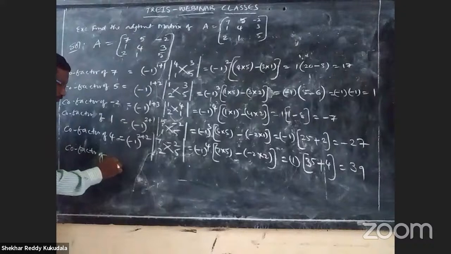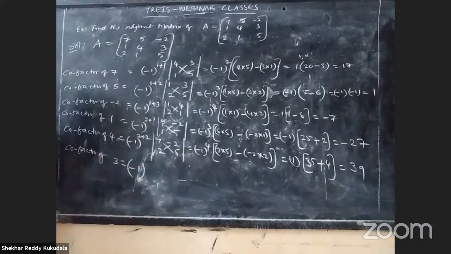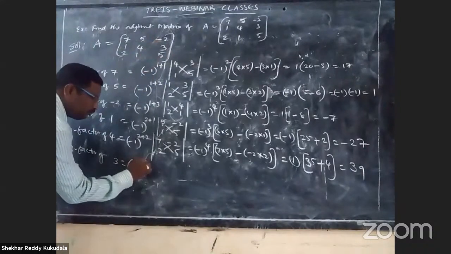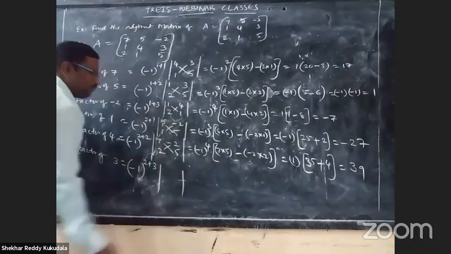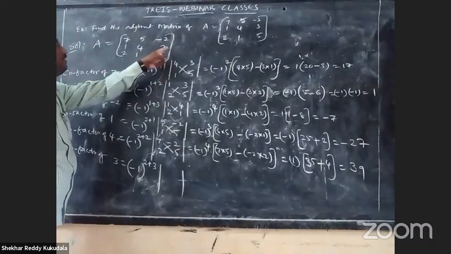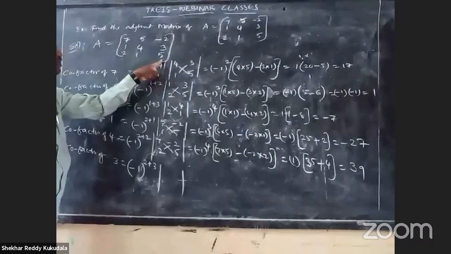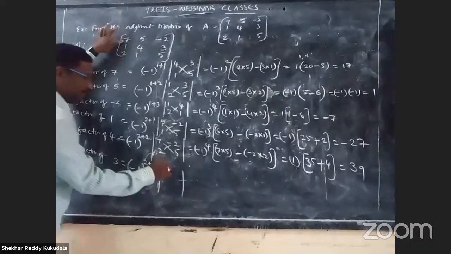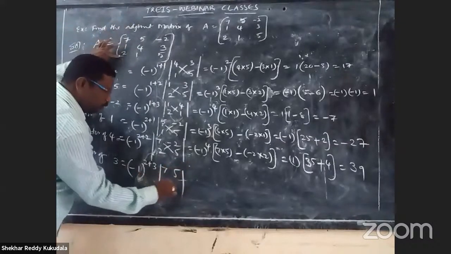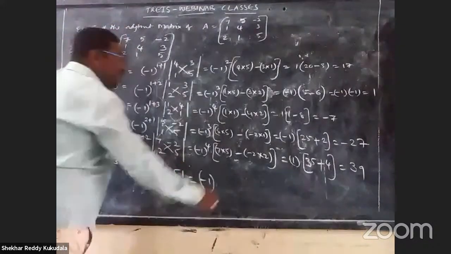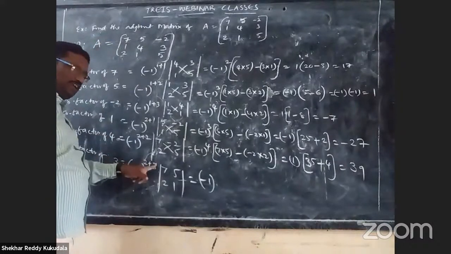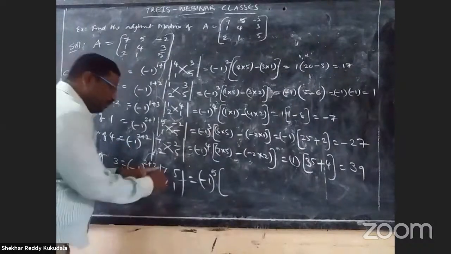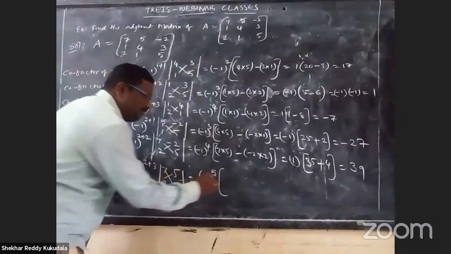Next, cofactor of 3 is equal to minus 1 power... 3 is in the second row, third column. So 2 plus 3, into the determinant when this row and this column are ignored. The rest of the 4 elements form a 2 by 2 square matrix: 7, 5, 2, 1. This is equal to minus 1 power 2 plus 3, which is 5, into 7 into 1 minus 5 into 2.